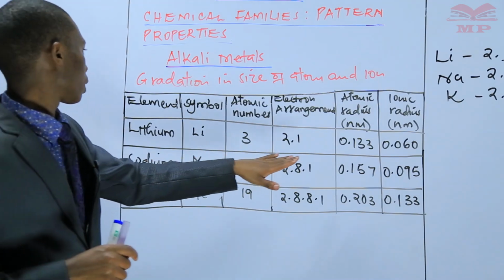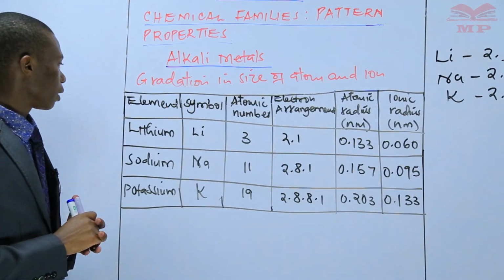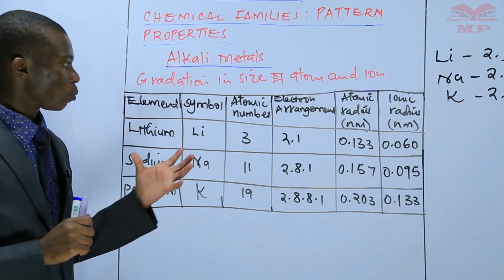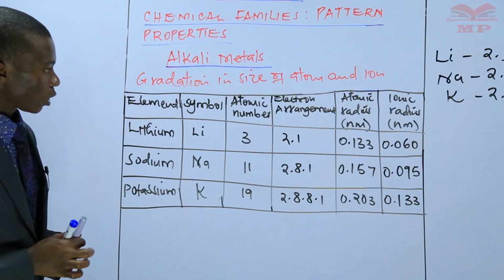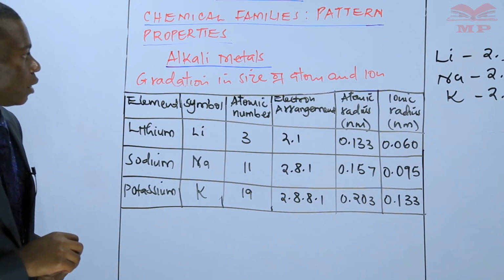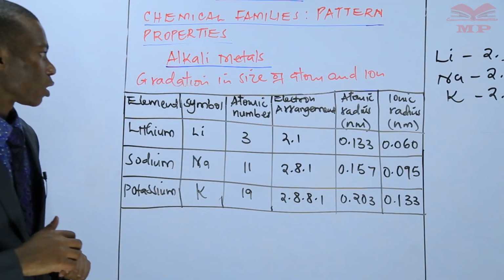If you look at the atomic radius, lithium's atomic radius is 0.133. Then sodium, the atomic radius is 0.157. Potassium, the atomic radius is 0.203. The ionic radius for lithium is 0.060.